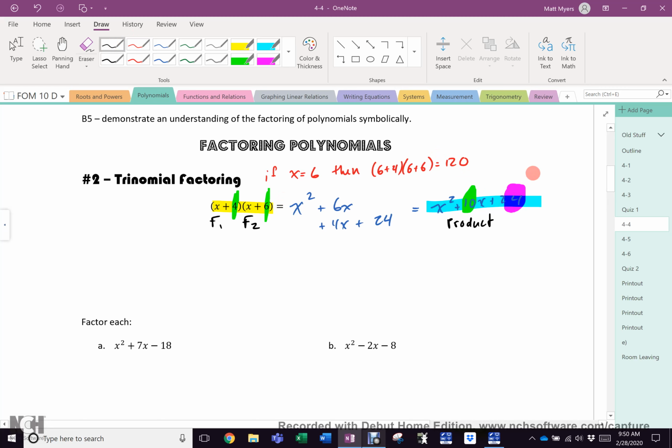So, if we are faced with this trinomial, x squared plus bx, some number there, plus c, just like what we have here, right? X squared bx plus c, right? If you are to factor that, it's going to go back to this.